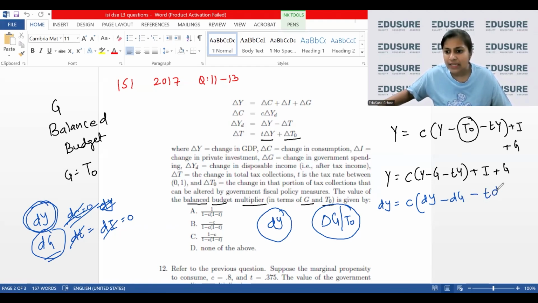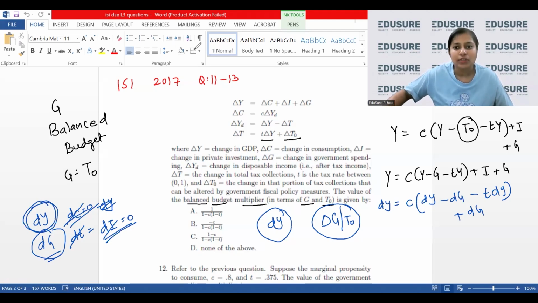So, minus t dY. Plus dI, again, dI I can take as 0 because dI is 0. And then there's a dG term. Okay. So, that is how I'm totally differentiating this equation and incorporating my balanced budget multiplier thing.